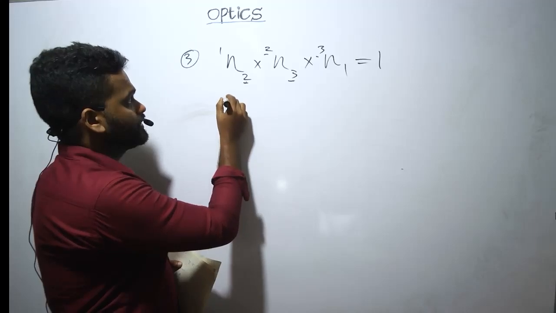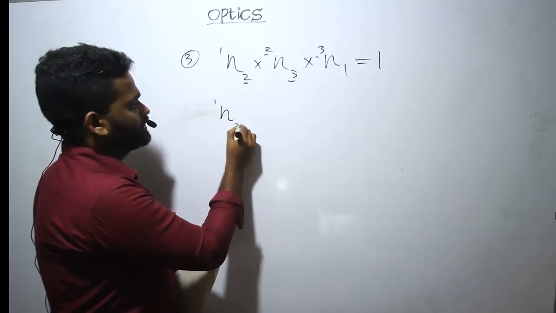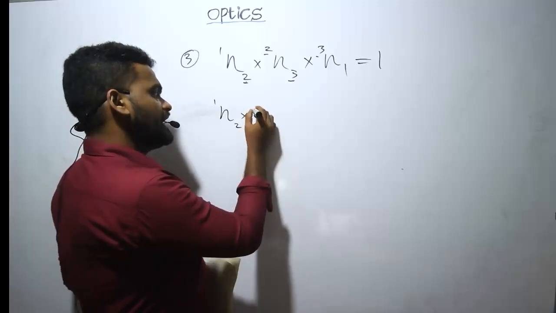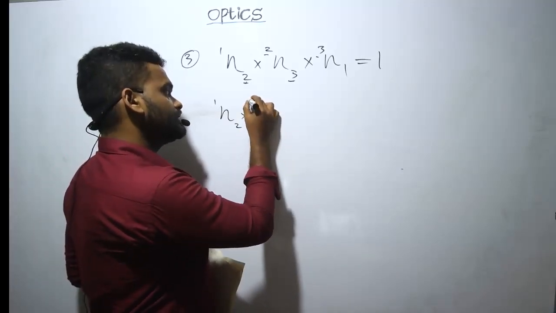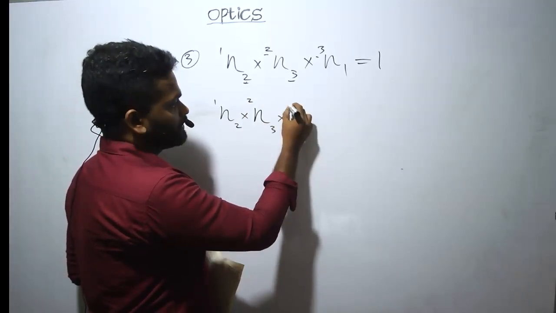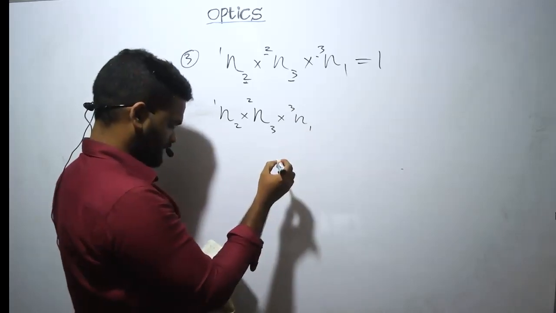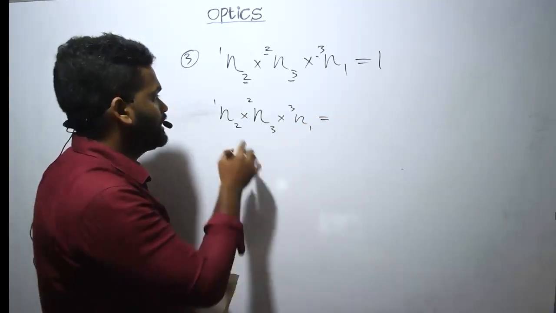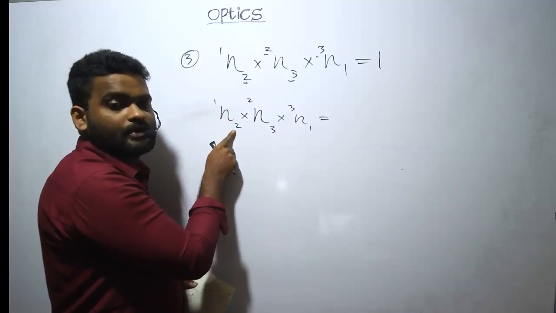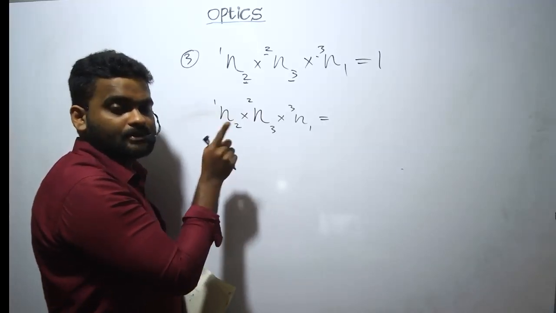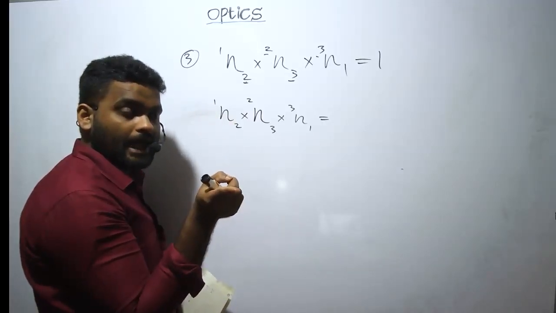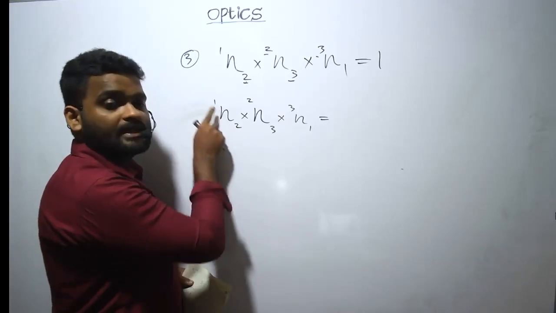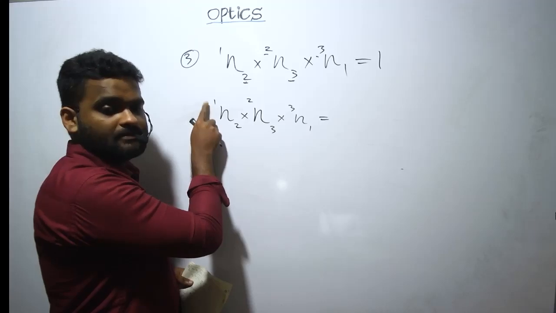Okay, I'll use this one. You can derive this using speeds as well. I'll derive this using refractive indices, because you have to get more familiar with that. 1, 2: how do you write the refractive index in terms of absolute refractive indices? This is the index of 2 relative to 1, so I have to divide by n1.